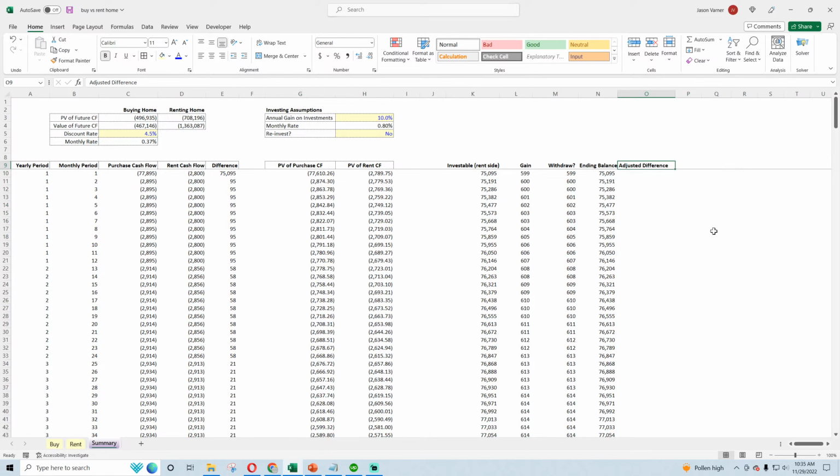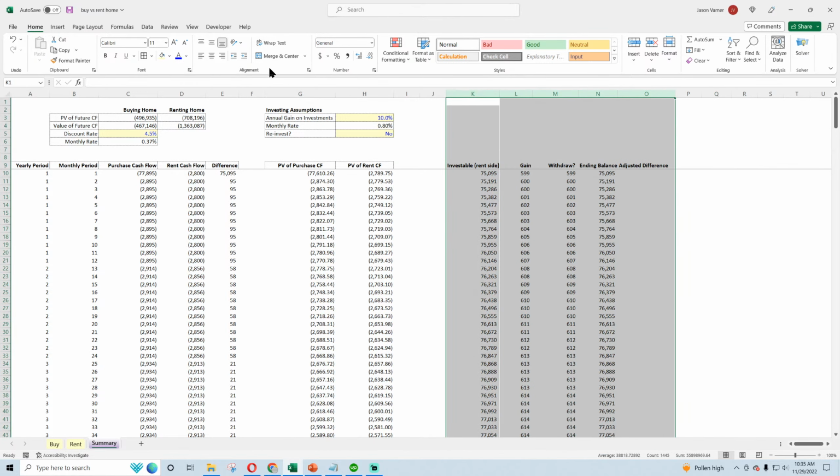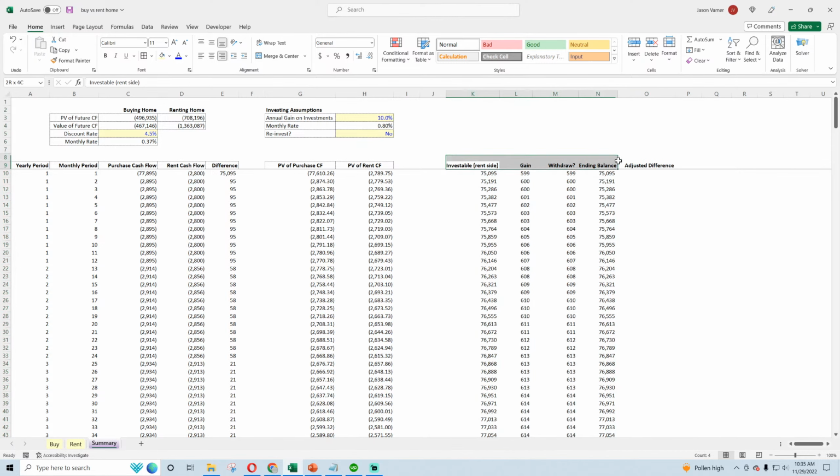This is going to get kind of crazy. Hold on a second. So we have adjusted difference is going to be, here's the initial, let's think. So if this amount is going out as an investment, we're now not getting that in, we're investing it. So the new cash flow difference, well, we have to do a new rent cash flow, I guess.